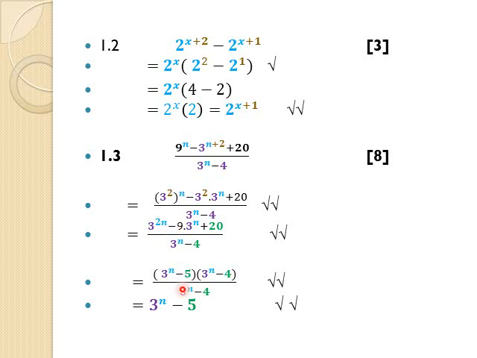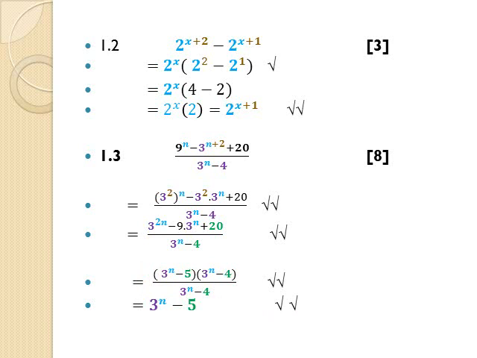So there, 3 to the power n minus 5, 3 to the power n minus 4, those two would cancel, and I'm left with 3 to the power n minus 5. So there, 1 mark for writing as a prime base, another mark for splitting that 2. Then 1 mark for the top line, correct multiplication and simplification, second mark. 2 marks for factorization, 1 mark for cancellation, and another mark for the correct answer.